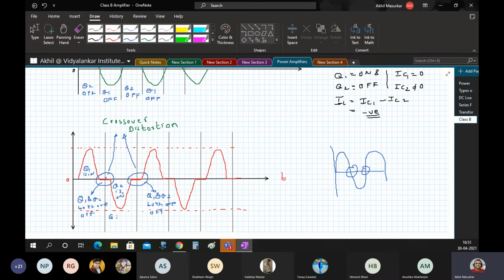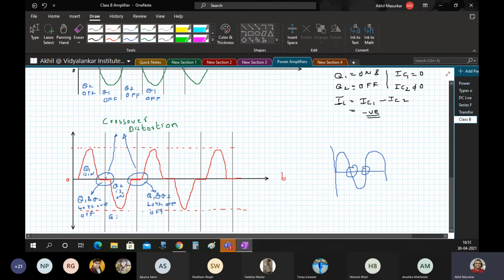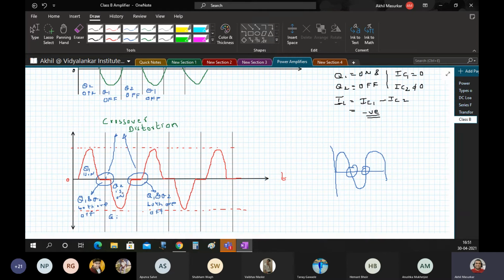This happens because of two or three reasons. Following are the reasons. This arises from the fact that at low collector currents, that is near cutoff, the value of beta or HFE is quite low compared to the rest of the cycle.